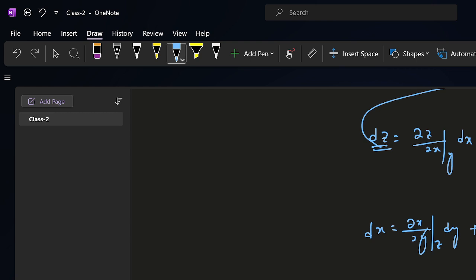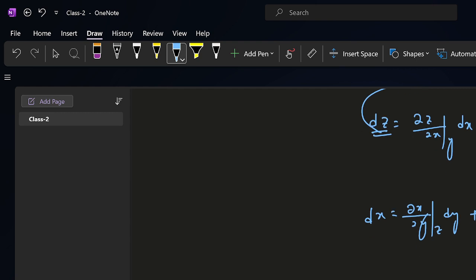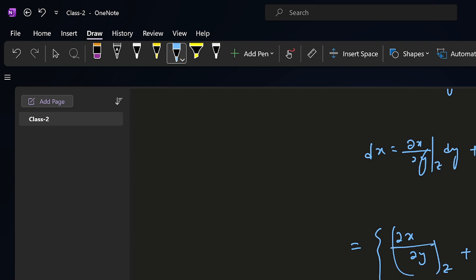The leftover term is the first term: multiply this by this, you get del x del z at y constant into del z del x at y constant dx. So this is the whole thing.